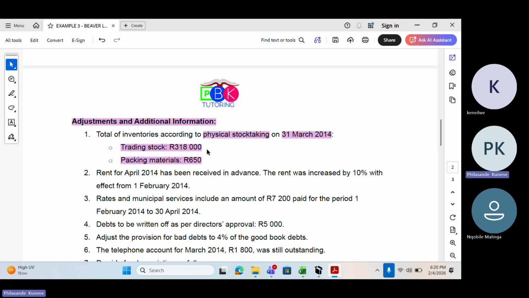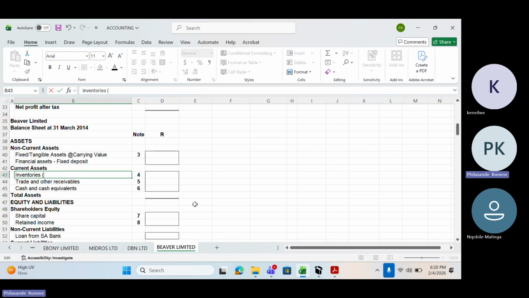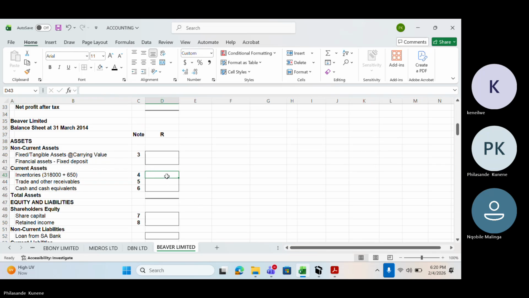So I have 318,000 plus 650 of packing material. That will be my closing stock. So how much am I going to get here as part of my closing stock?